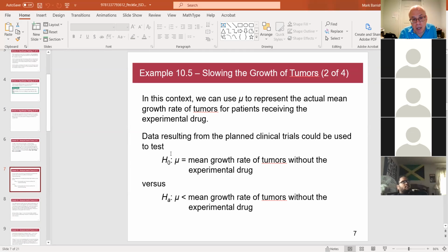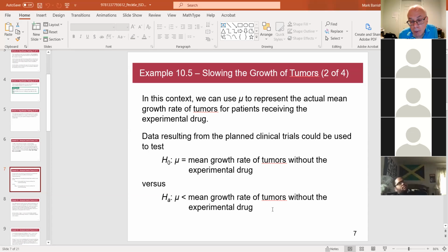Well, let's say we collect sample data, and the type 1 error would be that we find enough evidence to show that the experimental drug works when it really doesn't work. In other words, the sample data seems to indicate that it does work when it doesn't.